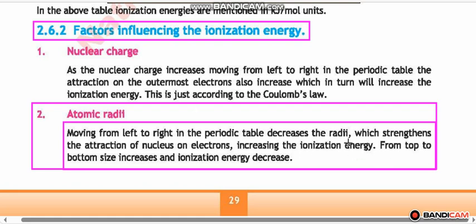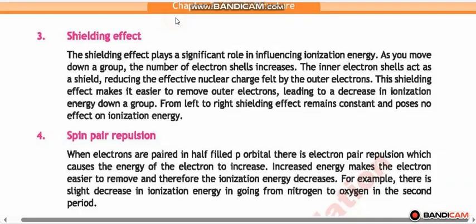Similarly, as we move from top to bottom in a group, the size of the atom is increasing, and the distance of the electron from the nucleus is also increasing. That is why they require less energy to be removed. Hence, from top to bottom, the atomic radius increases and the ionization energy is decreasing.